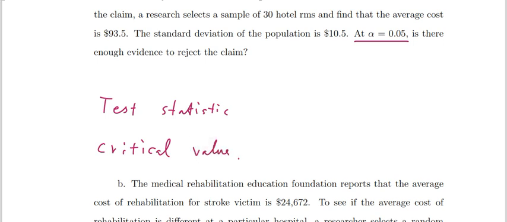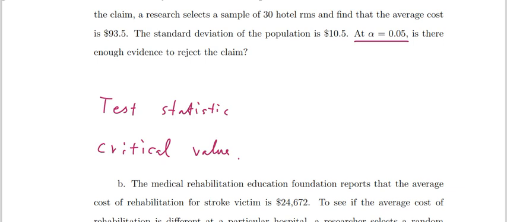Once we have those two important numbers, we can determine whether the test statistic is small or big. If the test statistic is small, then we believe there is no difference, or believe their claim is true. If the difference is big, then we reject the claim, right?